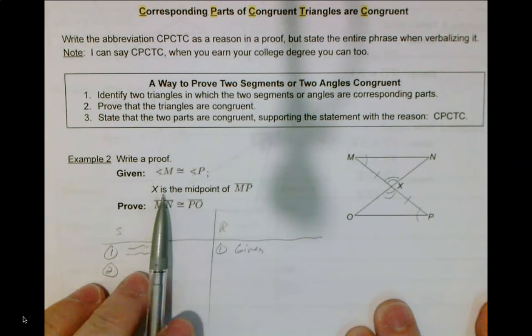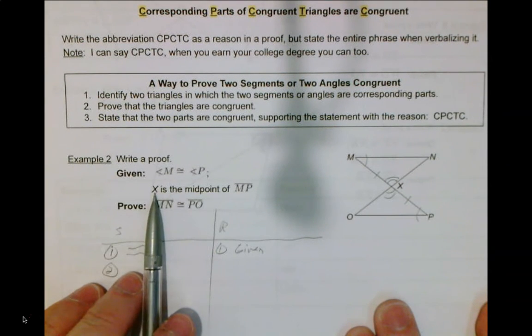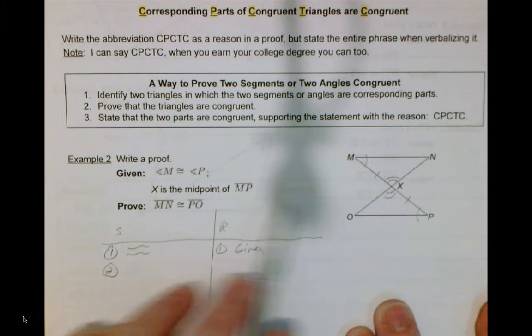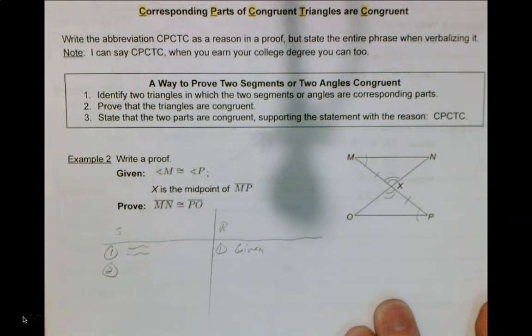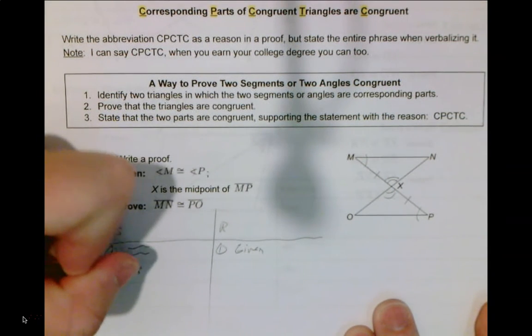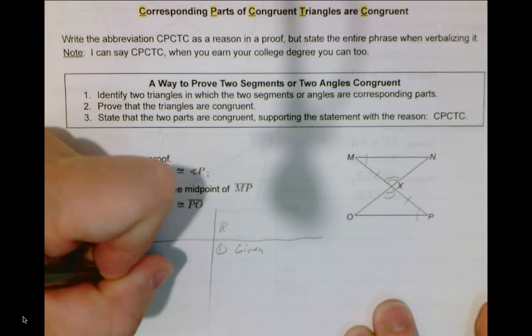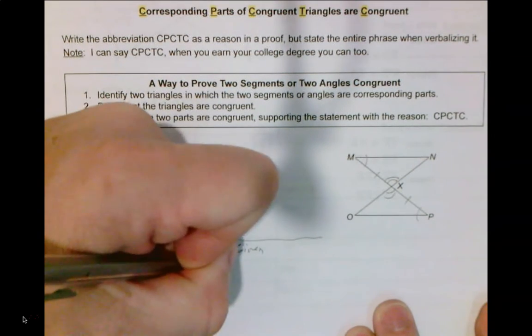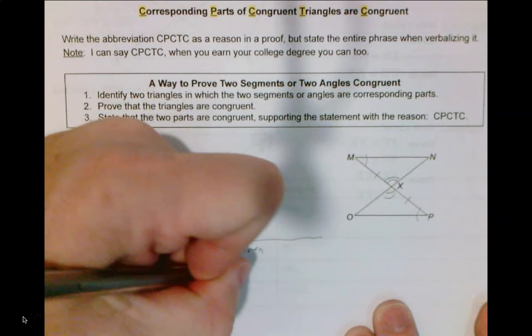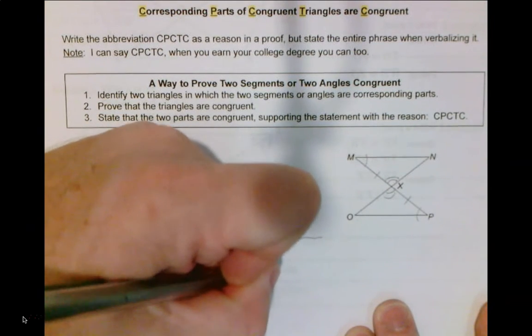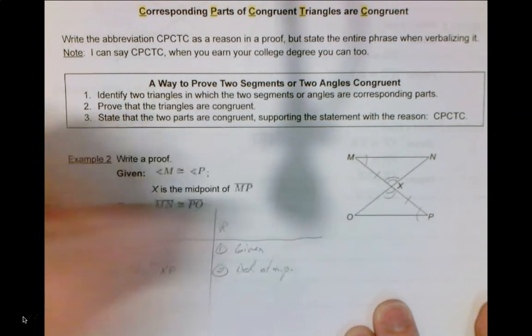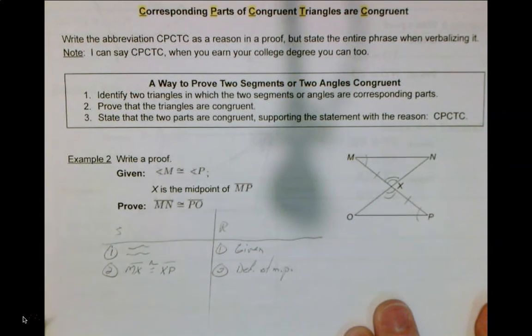Statement 2. The second thing that we did was when we said X is the midpoint of segment MP, I concluded that segment MX was congruent to segment XP by the definition of a midpoint. I know what a midpoint means, and that's our conclusion.